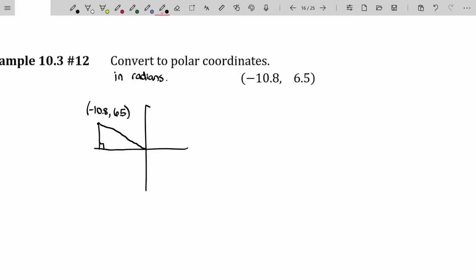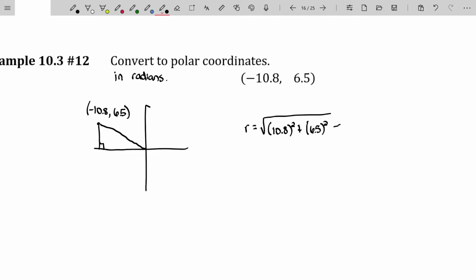So r is equal to the square root of that -10.8 squared plus 6.5 squared. Well, I might as well just grab a calculator and do it, right? So the square root of 10.8 squared plus 6.5 squared is going to be roughly 12.6.